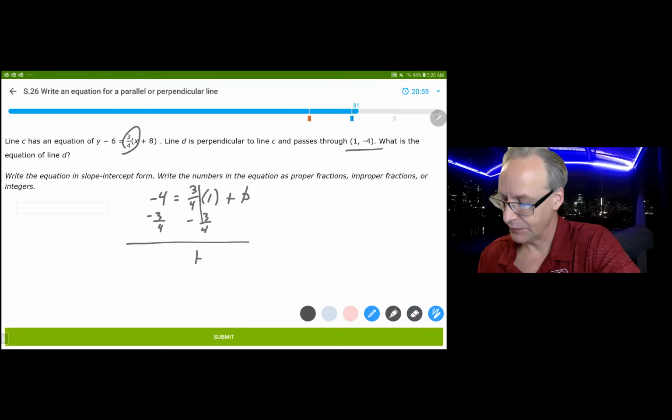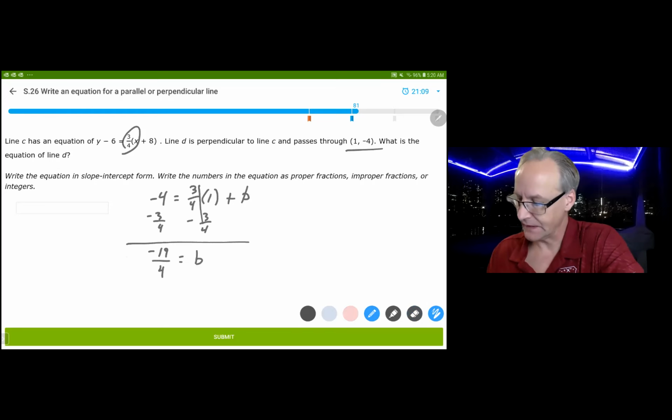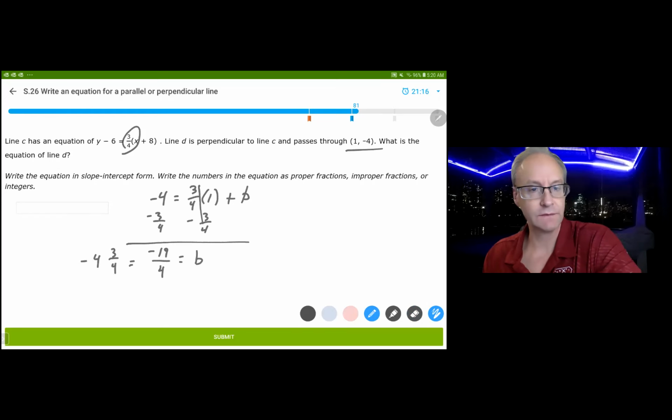And notice we're going to get b is equal to, this is 16/4. So when you add the 3, you get 19/4, but it's negative. If you want, you could have said, well, negative 4 minus 3/4 is negative 4 and 3/4. And for those of you who have done the multiplying and adding business, 4 times 4 is 16 plus 3 is 19 over 4, but keep your negative.